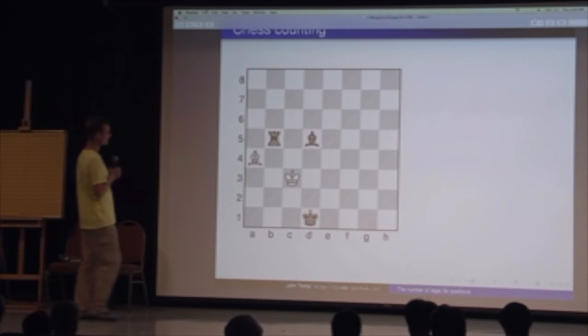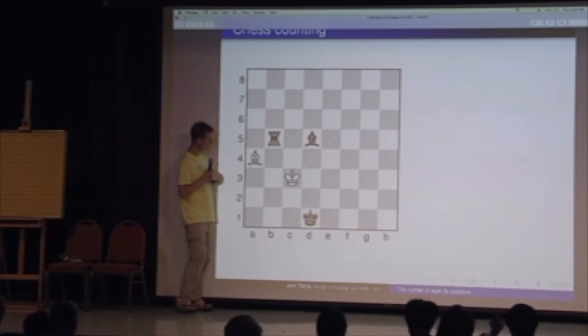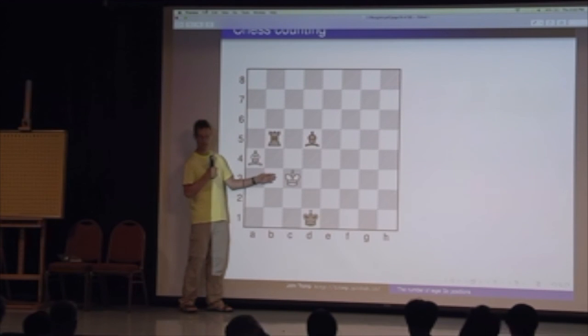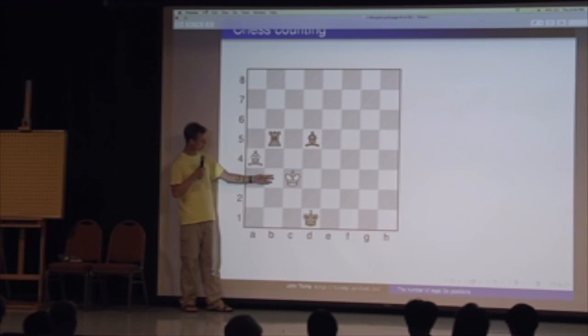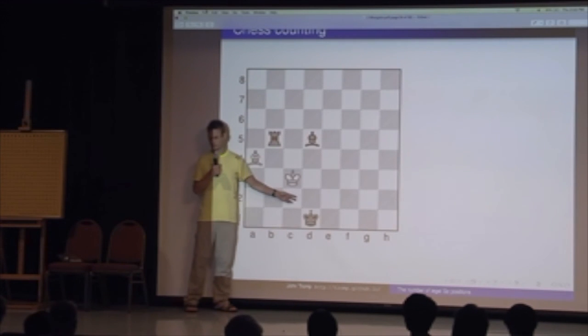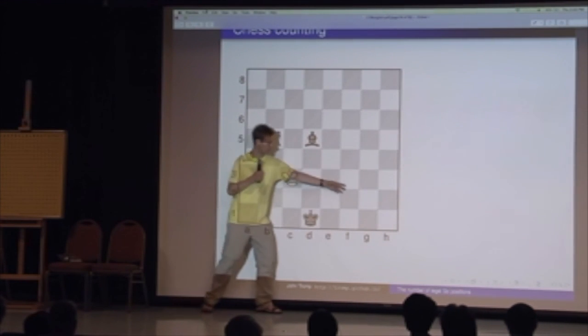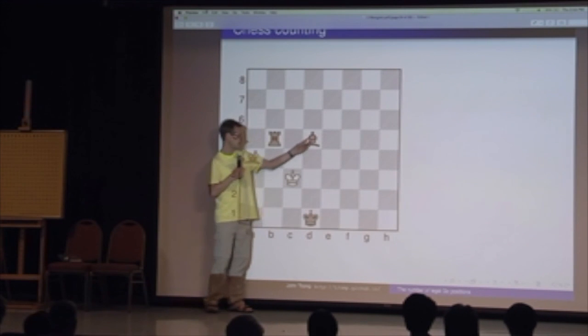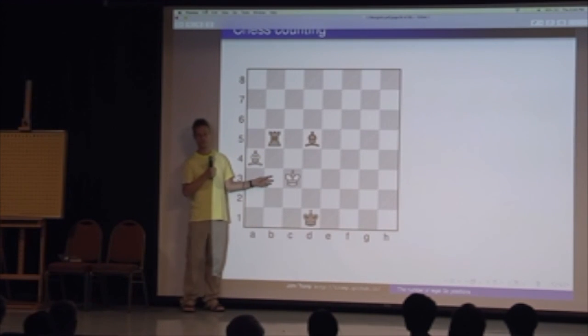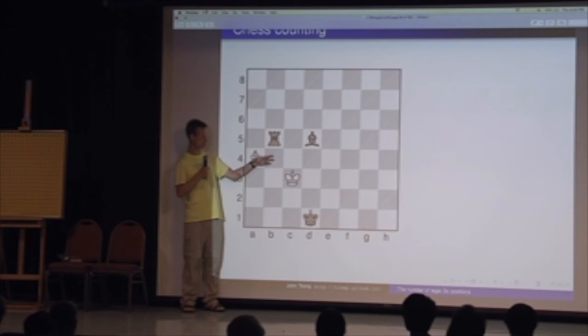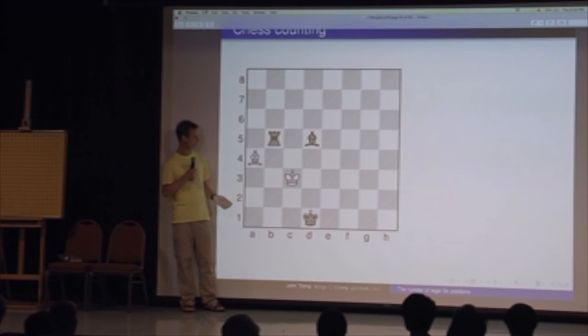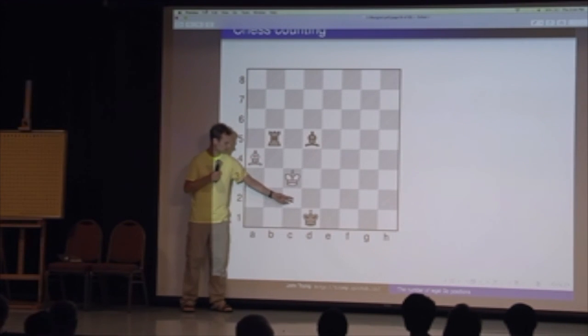The way you can reach this is if you start with a white king here. You start with a black pawn here. You start with a white pawn here. And then this black bishop moves from somewhere over here to put the king in check. The king is not yet in check from the rook because there is a black pawn here. Then white moves his pawn from c2 up to c4.